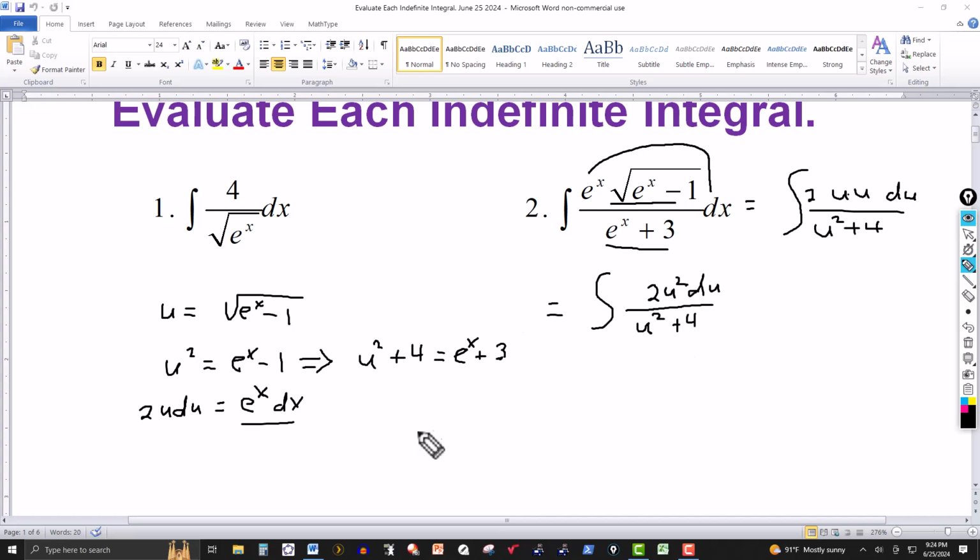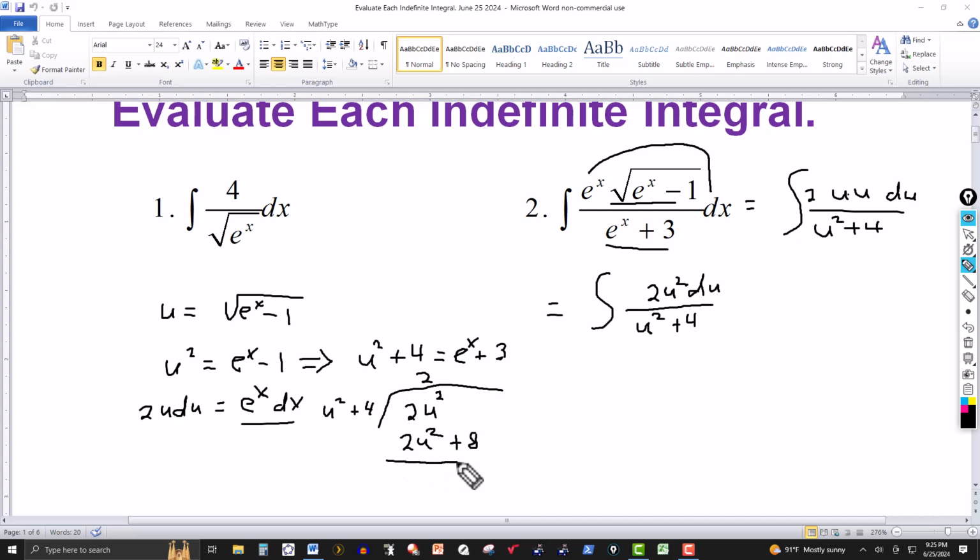So what I'm going to do here is divide the numerator by the denominator. So I have 2u squared divided by u squared plus 4. U squared into 2u squared, this will be a 2 here, long division, and 2 times u squared is 2u squared. 2 times 4 is 8, plus 8 here.